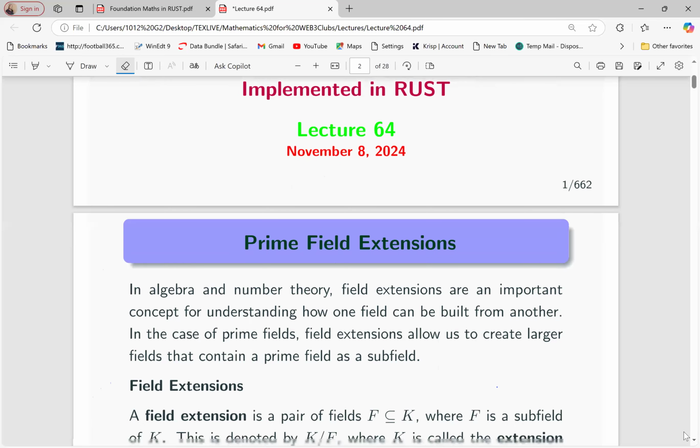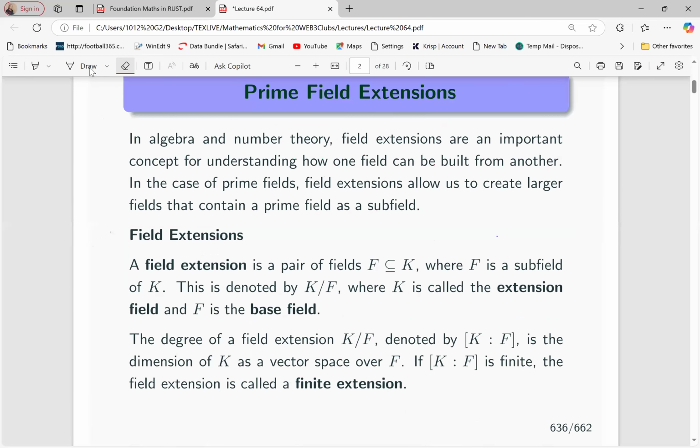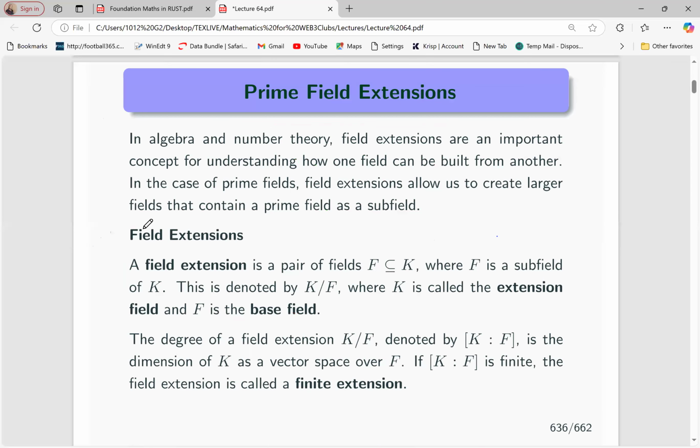Now, what follows are just terminologies, and after that, we move straight away to constructing field extensions. Supposing this is the base field, and out of this base field, you created an extension. So this base field is therefore a subfield of the extension. Now, we'll denote the extension this way. This is how we denote it sometimes.